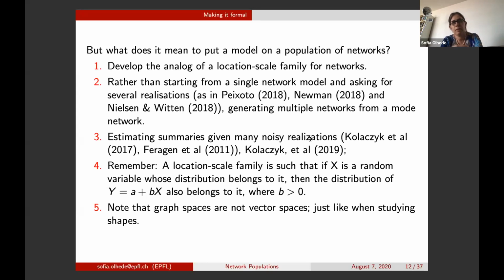And there has been some recent or fairly recent work 2 years ago about asking, what do you do when you have multiple observations from one model, like Newman's work, for instance, or Nielsen and Witten. But people have also started to ask, what if I have noisy versions of the network? What happens?